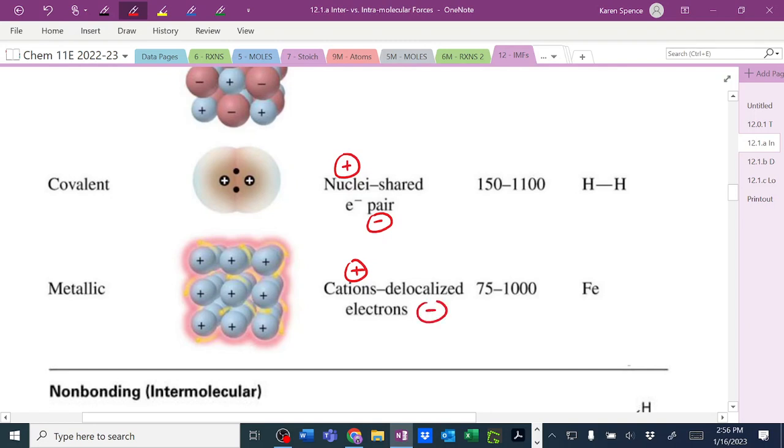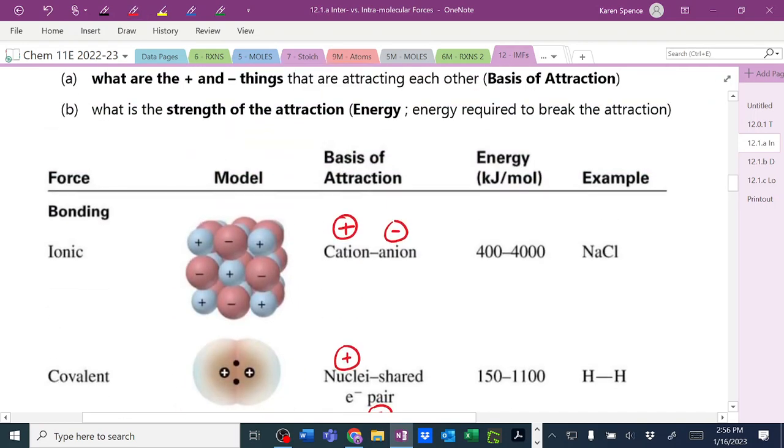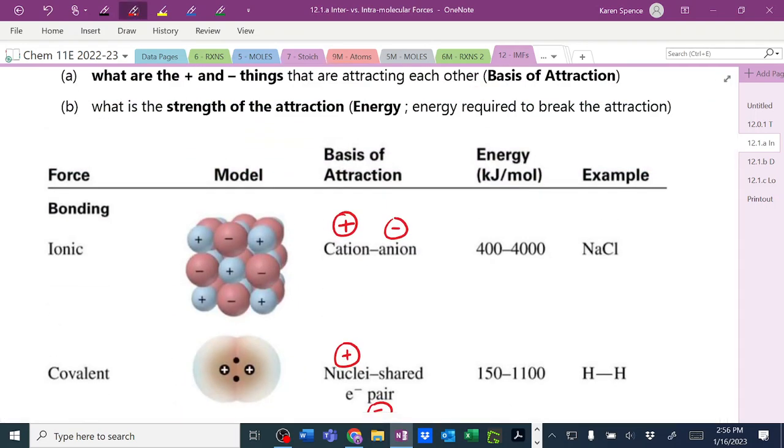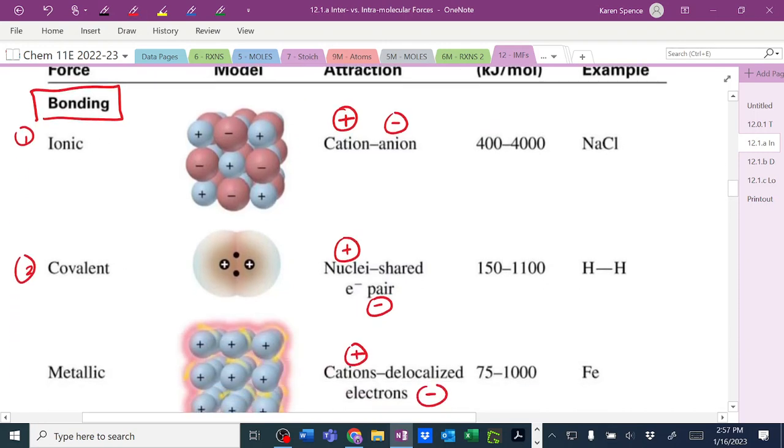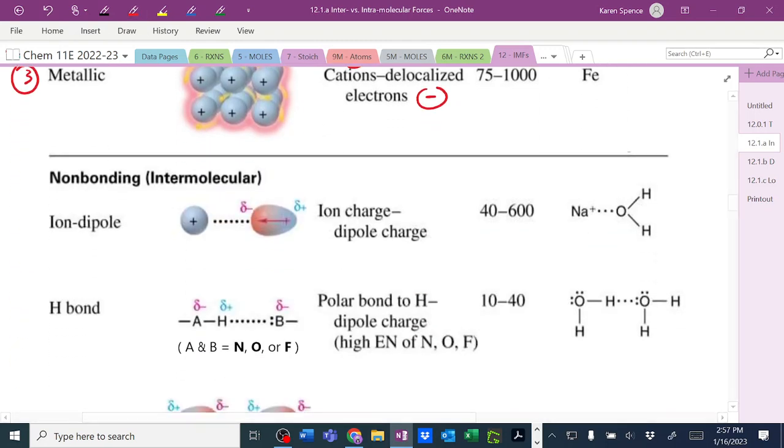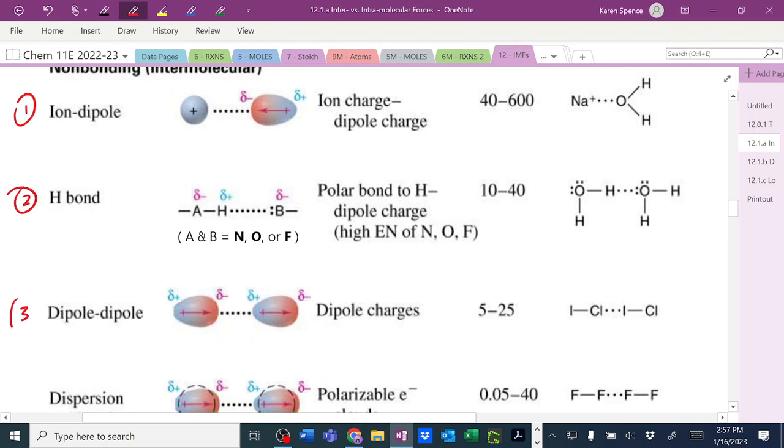Is this easy or what, right? Now, these are all of our bonding forces. And there's 1, 2, 3 of them. How many types of intermolecular forces are you responsible for? 4. Intermolecular. 1, 2, 3, 4.